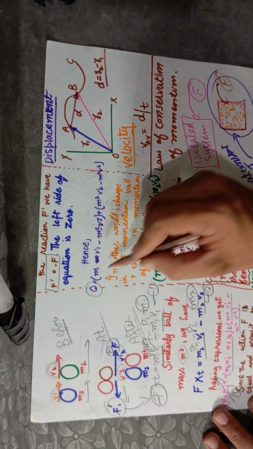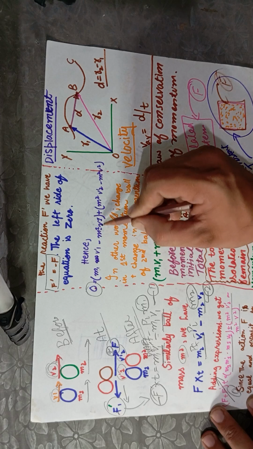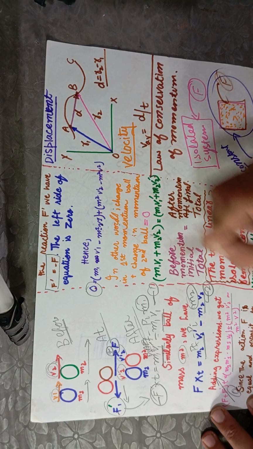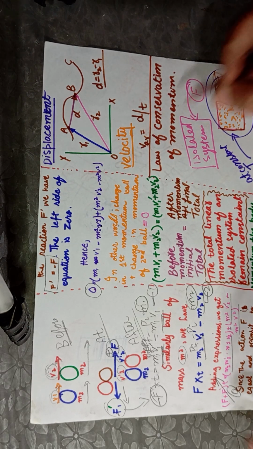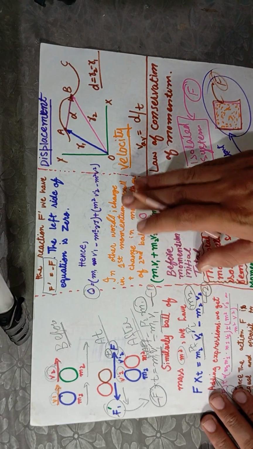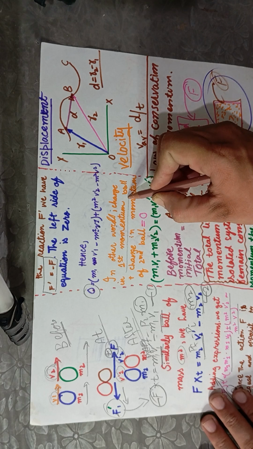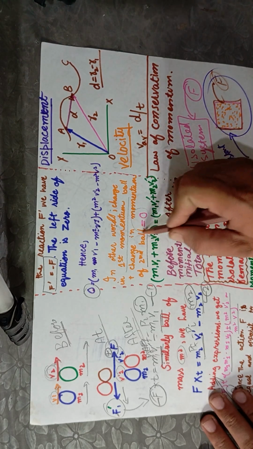This one, m1 v1 dash minus m1 v1 plus m2 v2 dash minus m2 v2. In other words, the change in momentum of the first ball plus the change in momentum of the second ball will be 0.